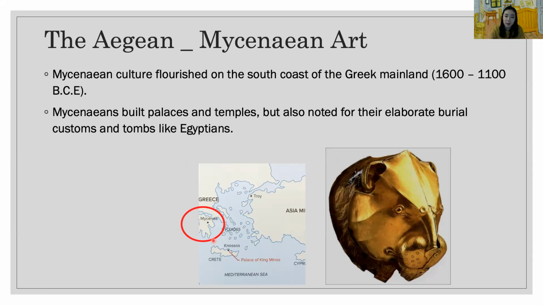Mycenaeans built palaces and temples, but they are also noted for their elaborate burial costume and tombs like Egyptians. Burial places in and around Mycenae have yielded large quantities of exquisite gold object like this, such as a rhyton. This is it, in the shape of a lion's head.